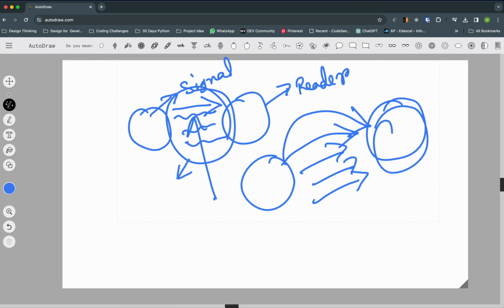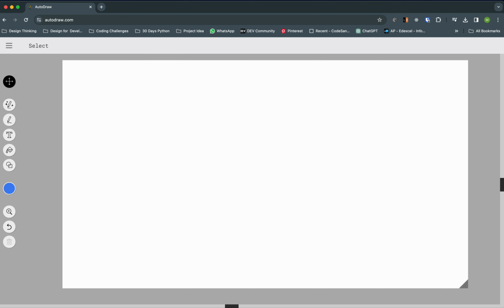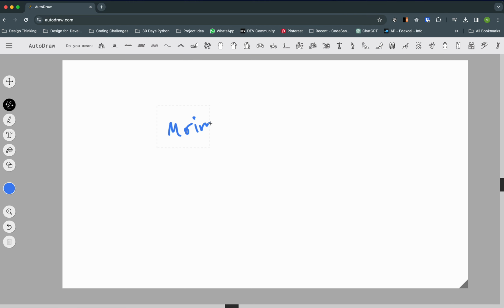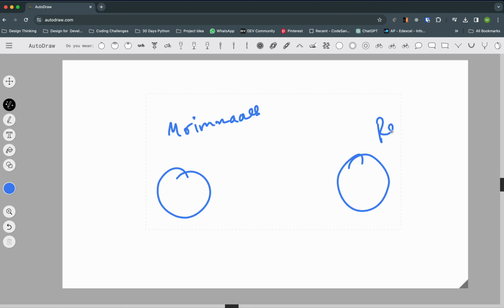Encryption is like, I'm transferring my name to one of the readers. Okay, so this is my signal and this is my reader.